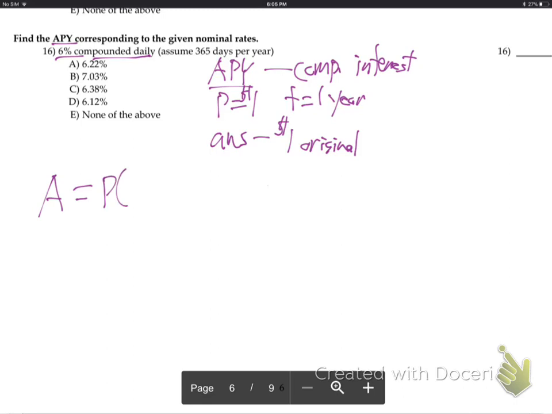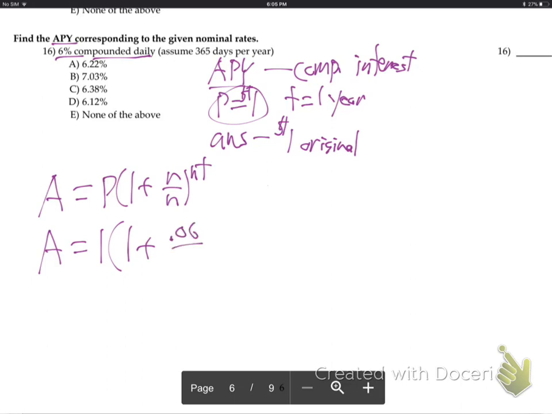A equals P, 1 plus R over N to the NT, so put in $1 for P, and the interest rate were 0.06, whoops. N is 365 compoundings per year. The time, 1 year.